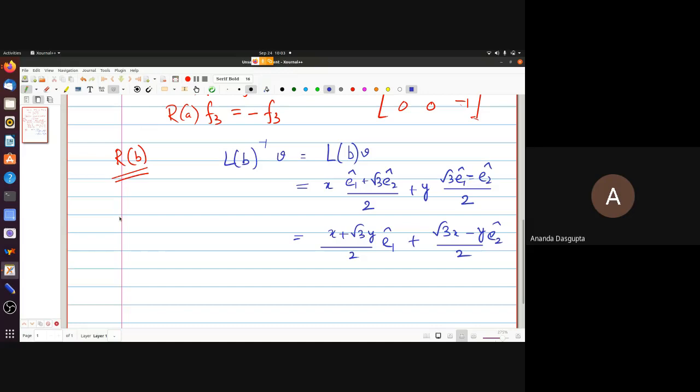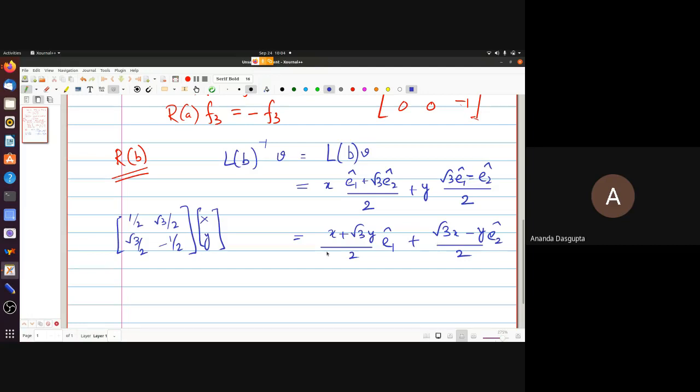By the way, the matrix was half, root 3 by 2, root 3 by 2, minus half, right? And notice that if you fed this to the vector xy, or rather fed the vector xy to this, you will get these coefficients. That's exactly how the matrix representation is designed.